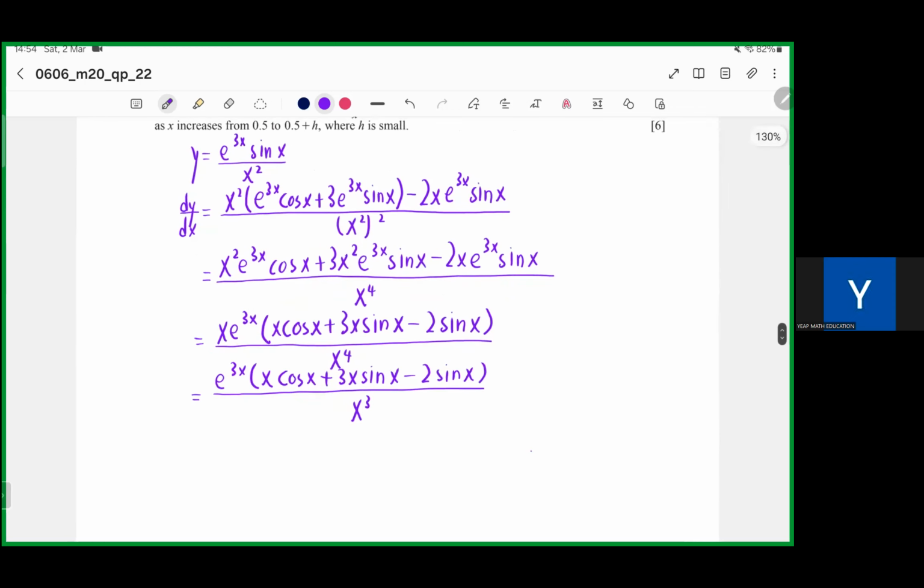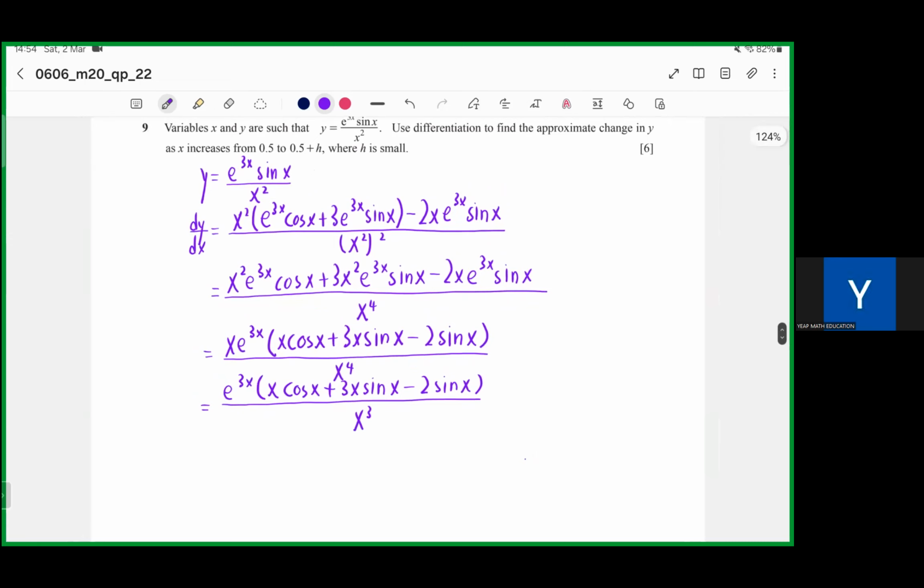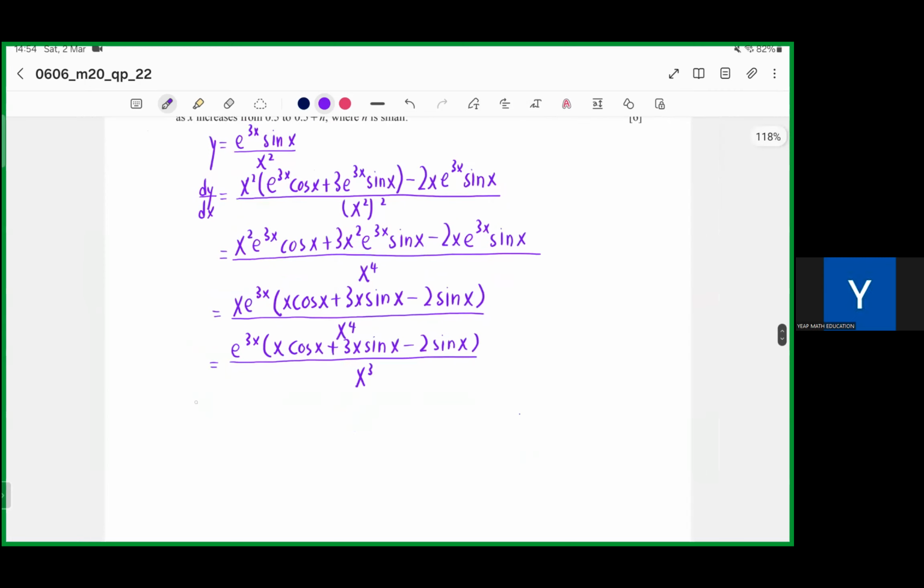We already finished the dy/dx. Now we need to find the approximated change in y as x increases from 0.5 to 0.5 plus h. You can use delta y over delta x, which is approximately dy/dx.